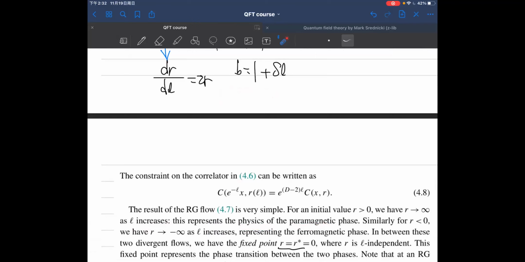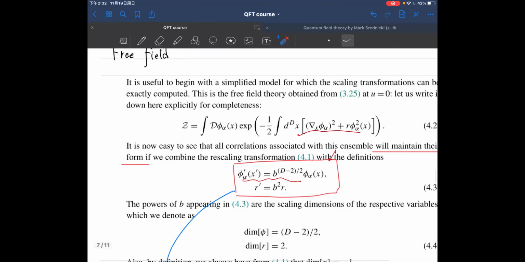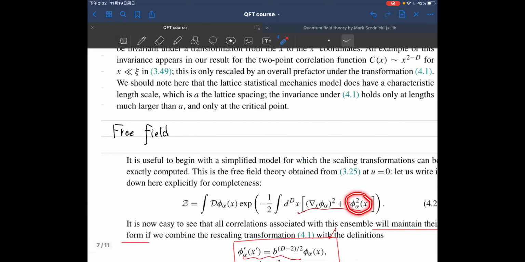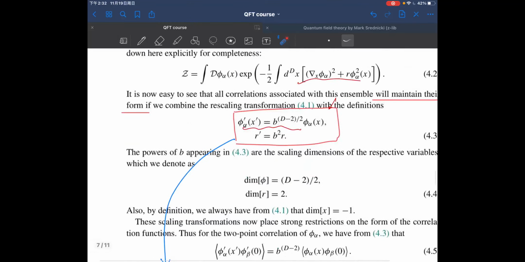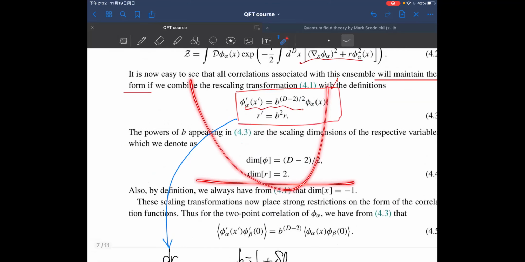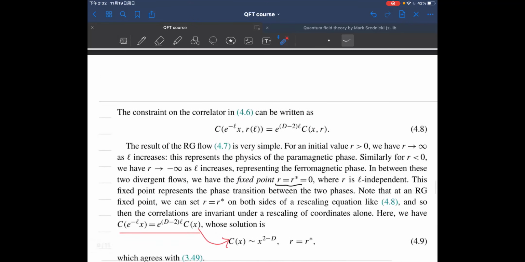This is because r goes to infinity, so m_0 is 0. And for r negative, you go to r to negative infinity. This represents the ferromagnetic phase.